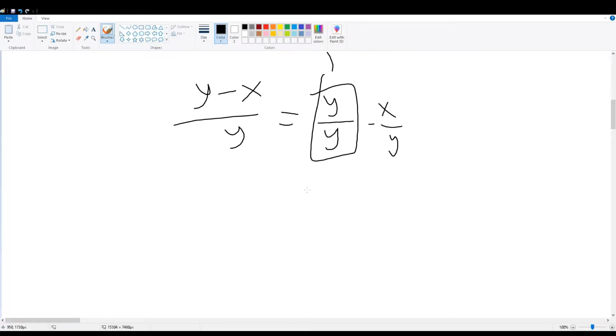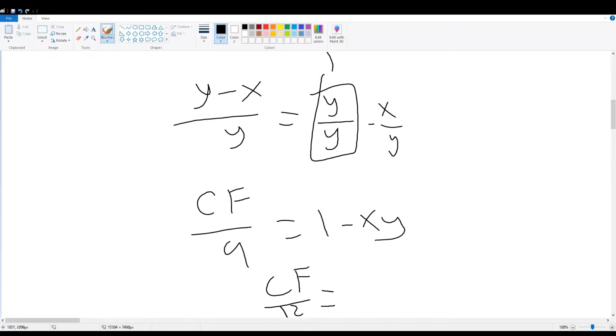Let's rewrite that. CF over 9 is equal to 1 minus x over y. And CF over 12 is equal to, sorry, not xy, this is supposed to be x divided by y.